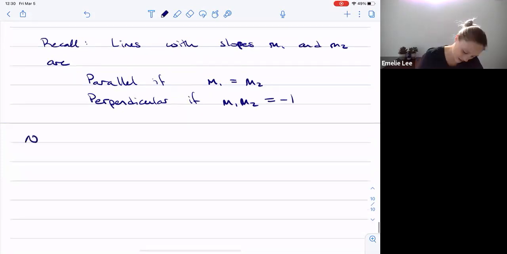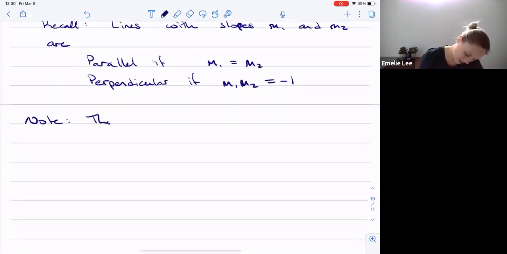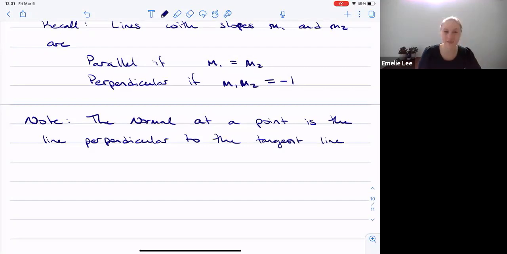And just as an additional note here, the normal line at a point is the line perpendicular to the tangent line at that point.